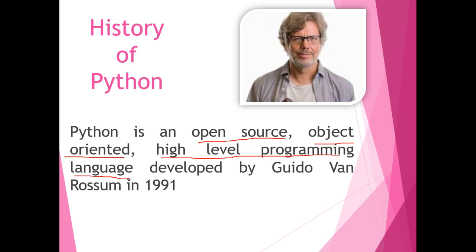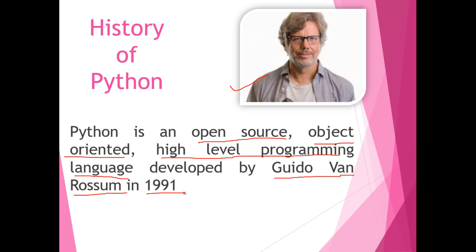This language was developed by a programmer named Guido Van Rossum, who developed the Python programming language in 1991. Over here I have written some points regarding Python, that it is open source, right?